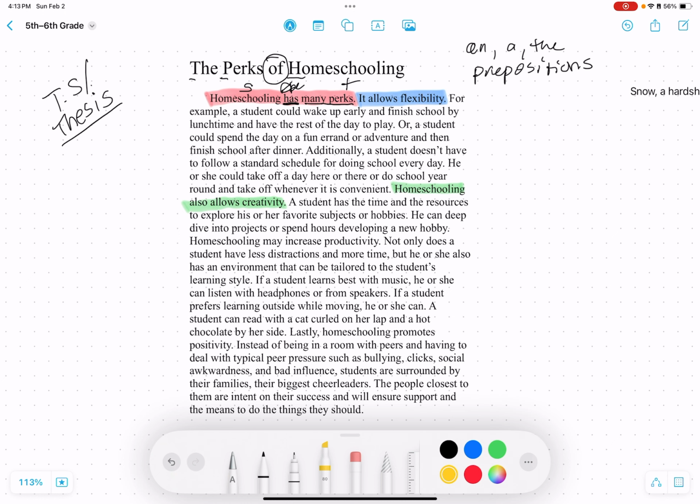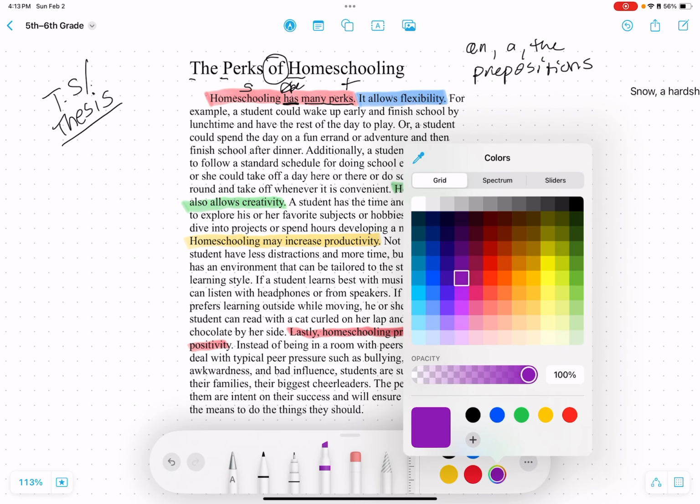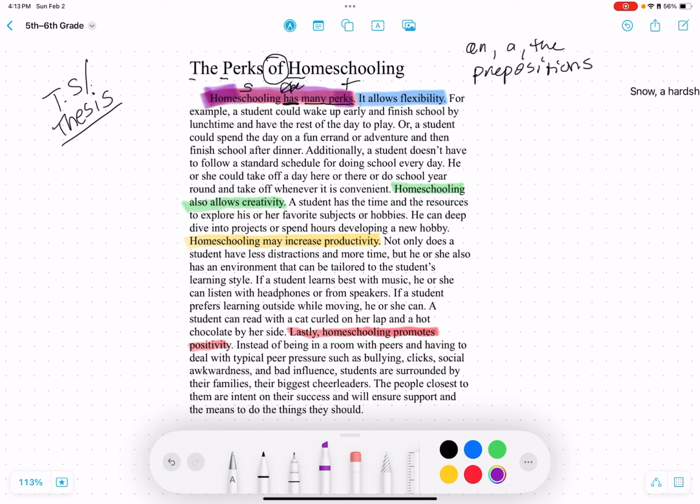I'm going to go to the next one. Homeschooling may increase productivity. Let's see here. Lastly, homeschooling promotes positivity. I think I'm going to change the color of my thesis just so we keep it distinct. So I'm going to make this purple. Okay, so that's our thesis.